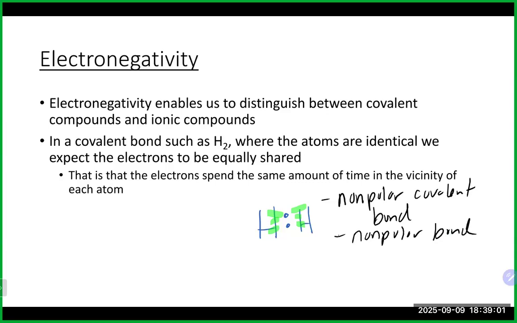So if you have a nonpolar bond, what you basically have is equal sharing of electrons. You could think of it as a neutral bond. There's no positive side, there's no negative side, there's really no charge separation occurring, because all the electrons are distributed and shared equally between the two atoms.